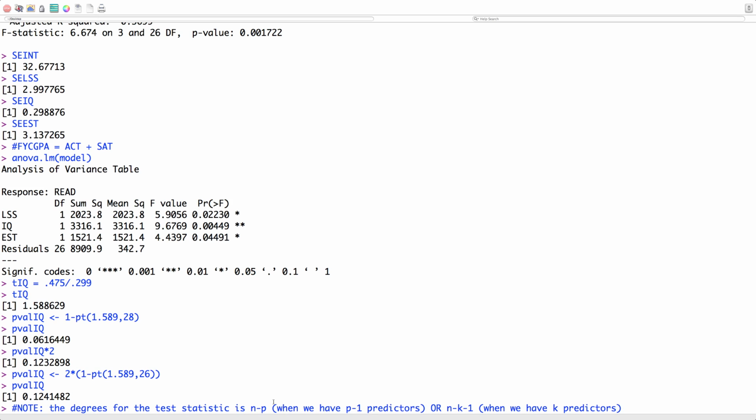So guys, here if we have p minus 1 predictors, then p is going to be 4, so 30 minus 4 gives us 26. And again, if we have k predictors, which would be 3, we would have 30 minus 3 minus 1, which is also 26. So however we look at that, that's going to be our p-value.